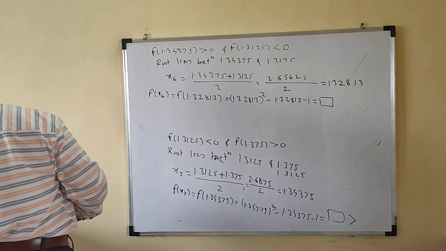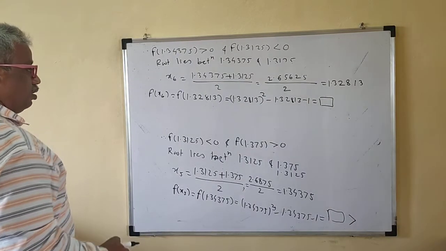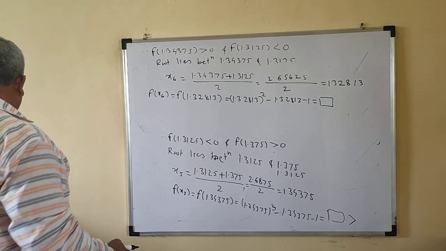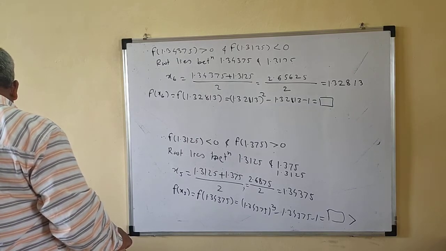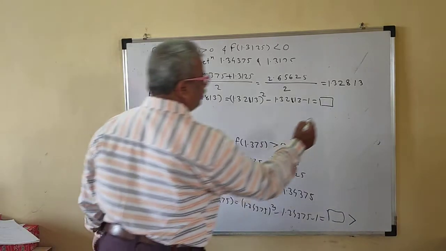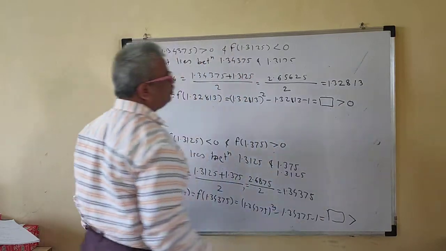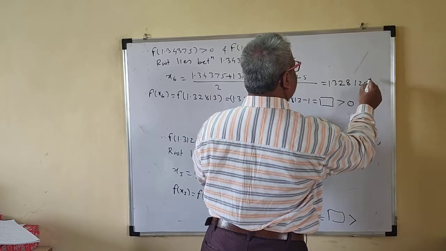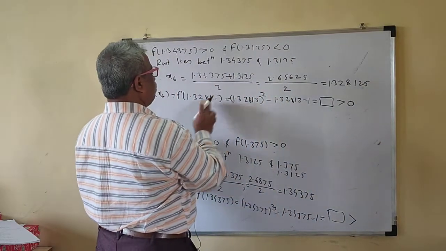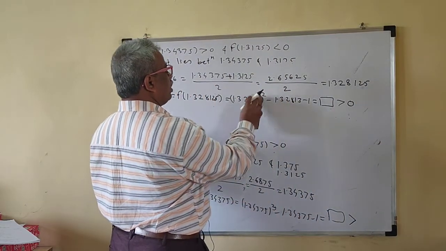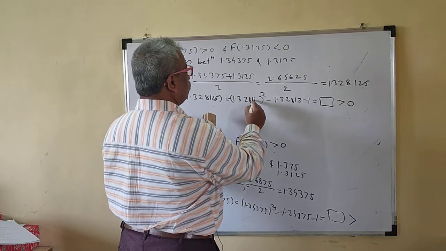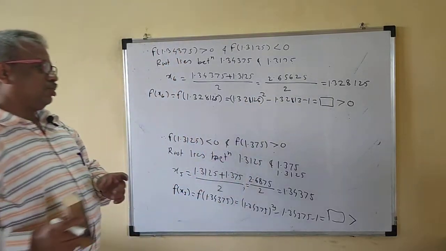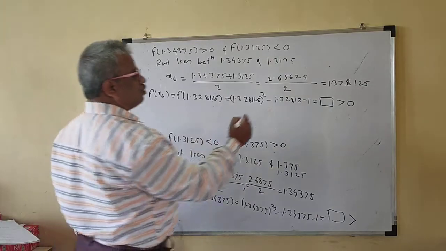So it will be 1.325. So this is positive now. Instead of rounding, we'll take this 25. No need to round this. Okay, so this will be at 25.